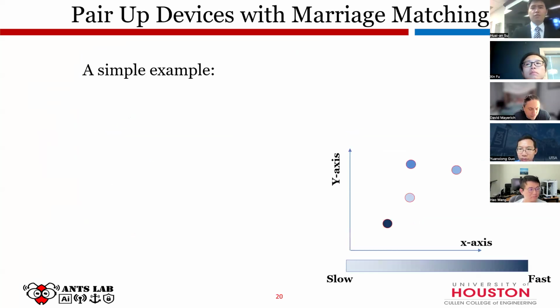Now we will talk about the way to help, which is to pair up the devices with the help of marriage matching. A simple example: here we have a 2D map with 4 devices. The darker color means the faster the device is.